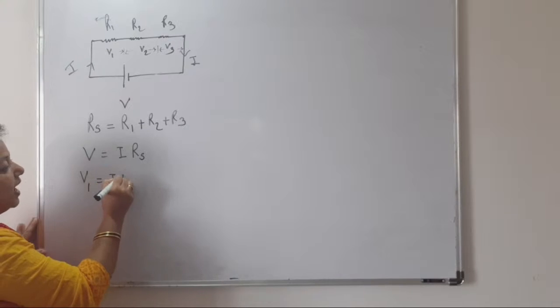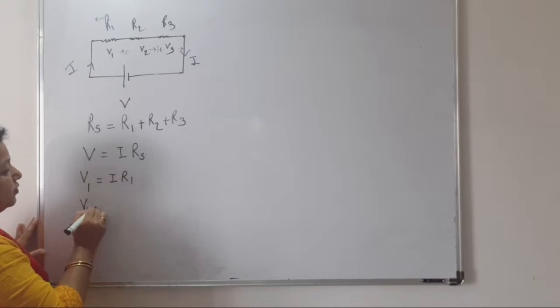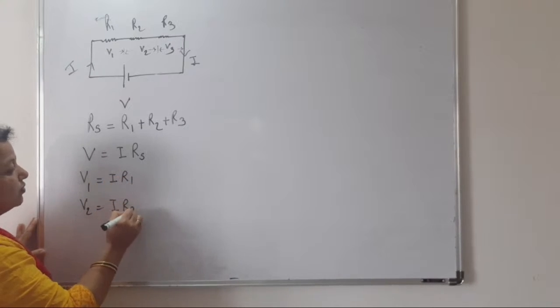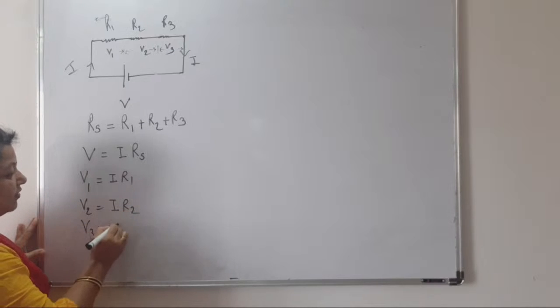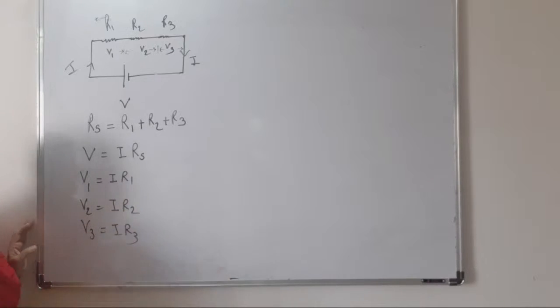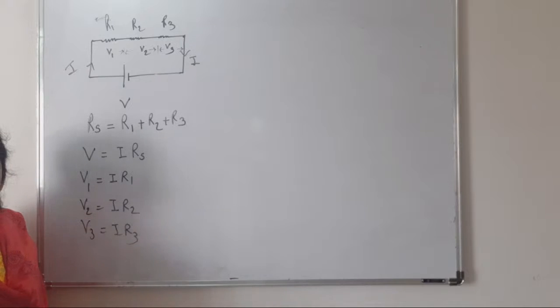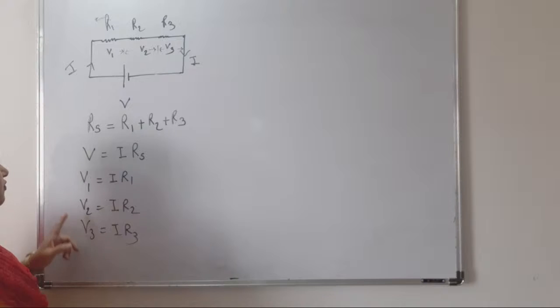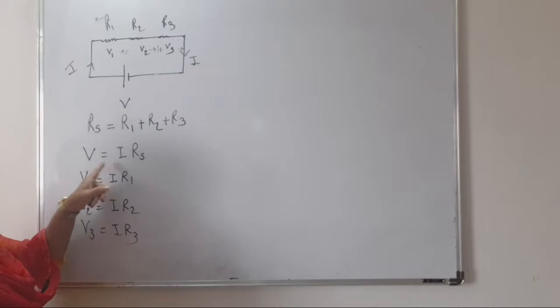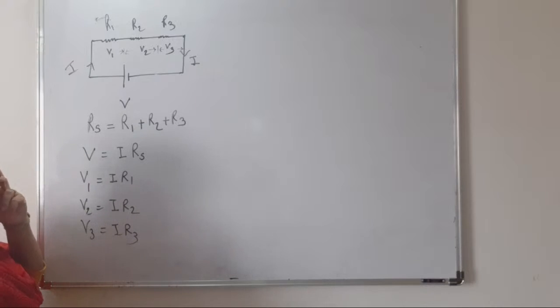V1 is equal to IR1, V2 is equal to IR2, and V3 is equal to IR3. This means I is the current through R1, R2, and R3. Therefore, V1 is IR1, V2 is IR2, V3 is equal to IR3.